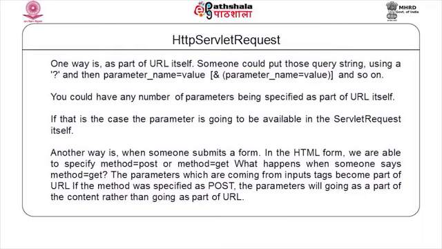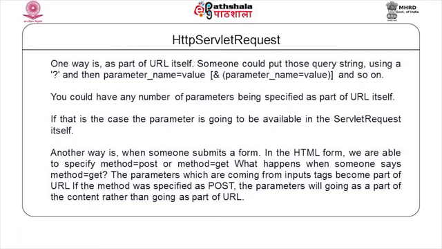So, if that is the case, it is going to be available in the ServletRequest itself. The parameters which were in the generic part are, for HTTP, coming from the query string when it is URL based. Another way is when someone submits an HTML form.